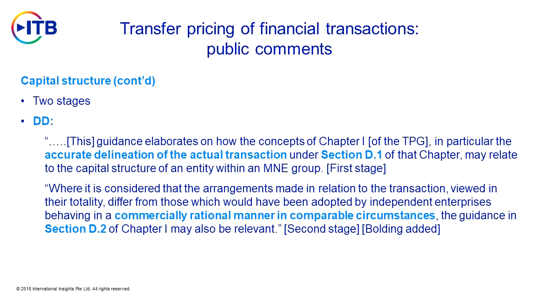That's the first stage, where it is considered that the arrangements made in relation to the transaction, viewed in their totality, differ from those which would have been adopted by independent enterprises behaving in a commercially rational manner in comparable circumstances. The guidance in Section D.2 of Chapter 1 may also be relevant. That's the second stage. Interestingly, although there are many references to accurate delineation in the rest of the discussion draft, there's no further express reference to the second stage.